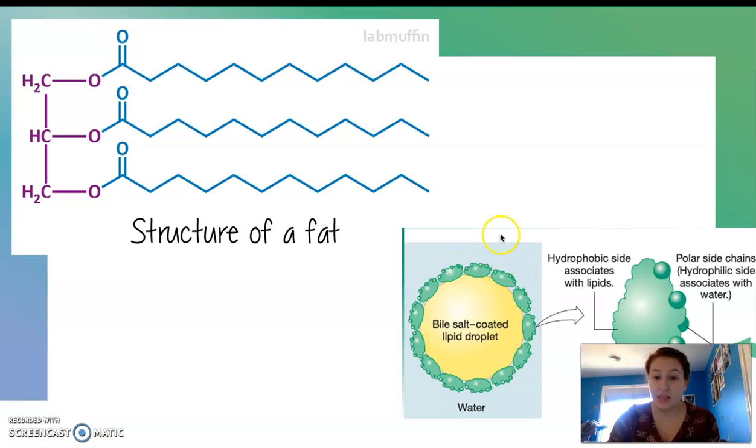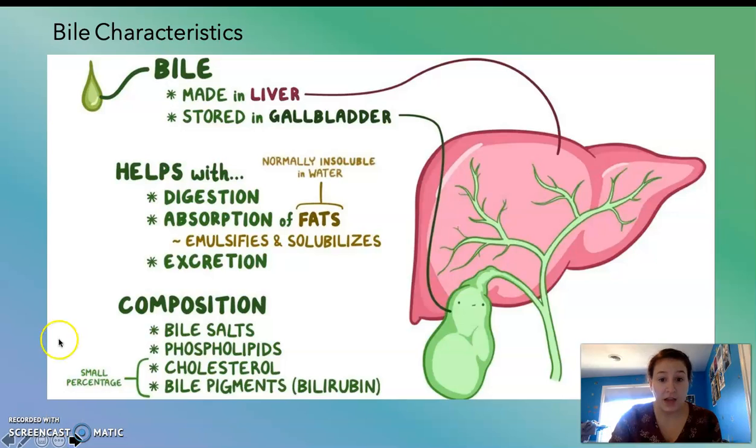The bile will coat the fats, and the hydrophobic side mingles with the lipids on the inner side, so it forms these little balls. The hydrophilic side associates with the water and faces outward so it can travel in the small intestine more easily. So fats are extremely hydrophobic, and bile helps make them a little more hydrophilic by covering them.